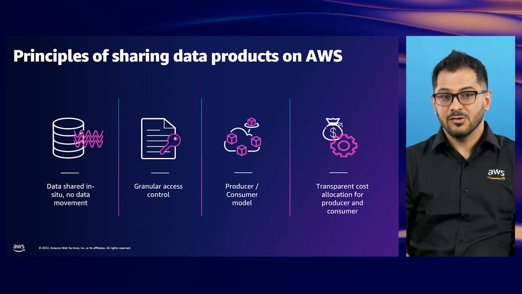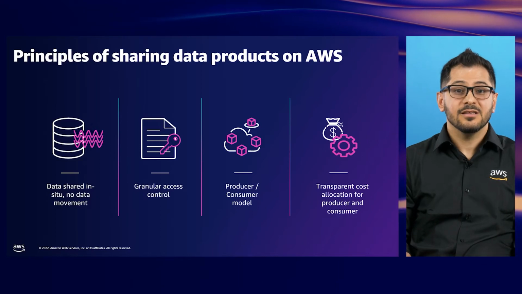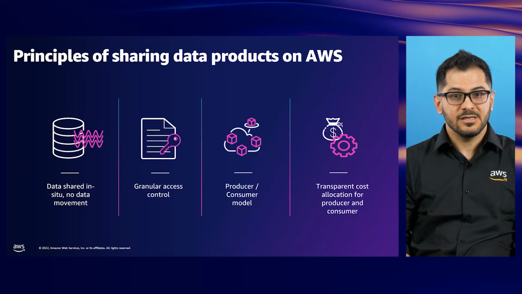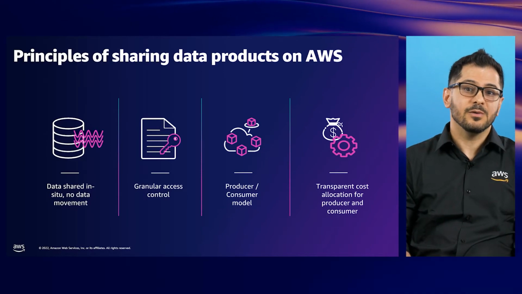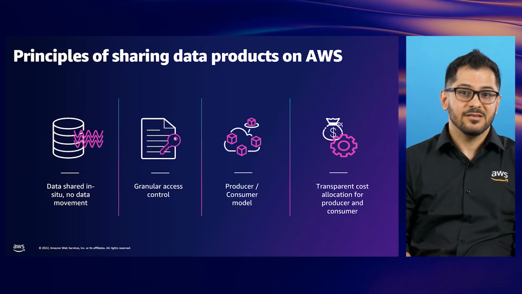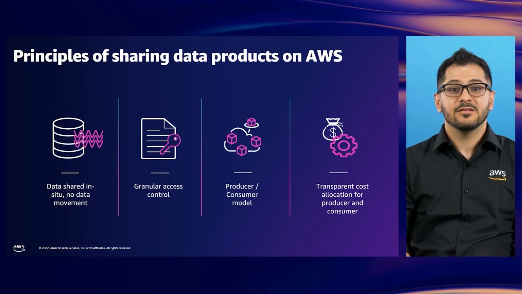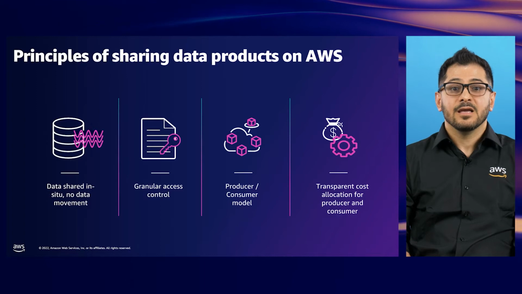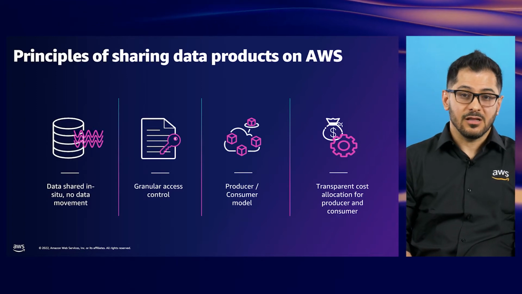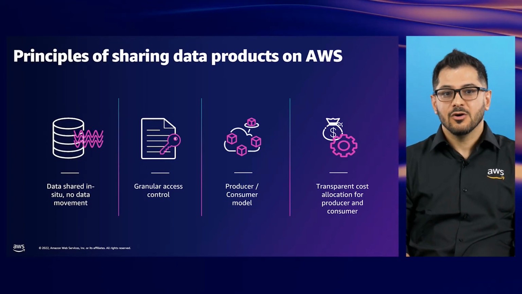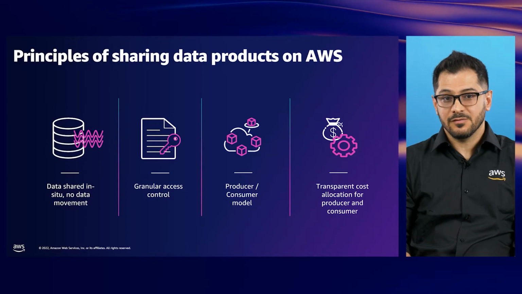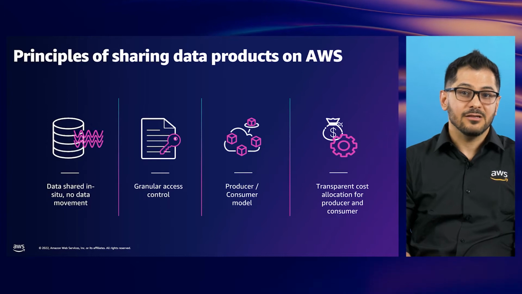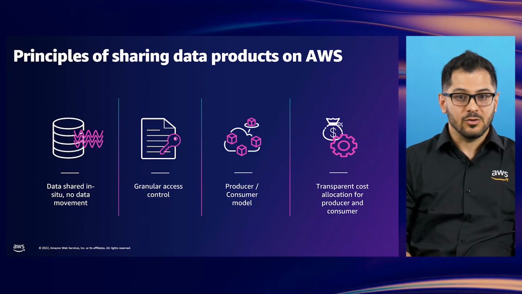To help our customers solve those problems and challenges, data sharing on AWS is based on a few key principles. Firstly, data should never have to be copied over for data sharing, since moving data incurs cost, slows down data accessibility, and results in silo teams. It should be possible to share as much data, for example, a whole database, or as little data, for example, only part of a table, with the consumer, and access is controlled at the granular level down to columns and rows.